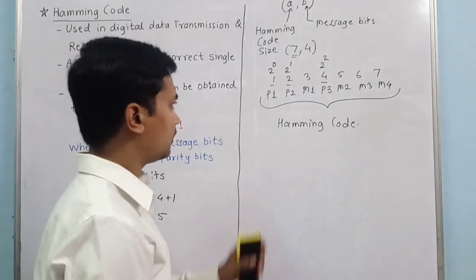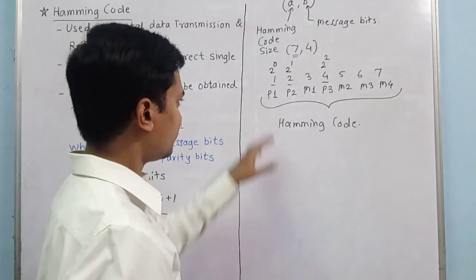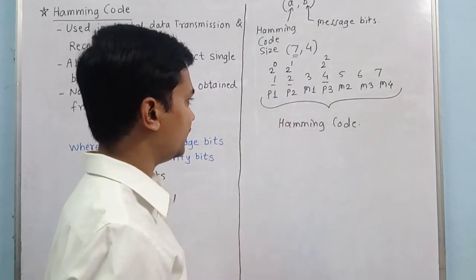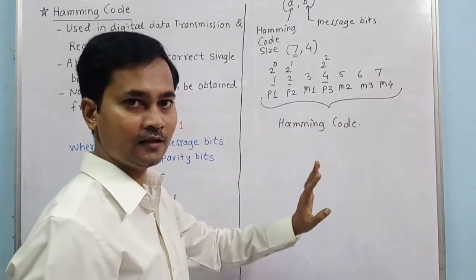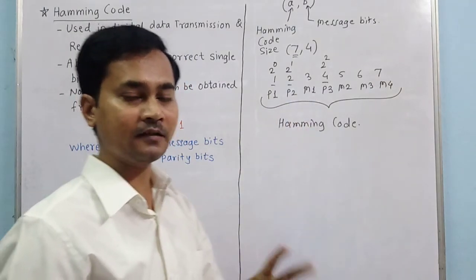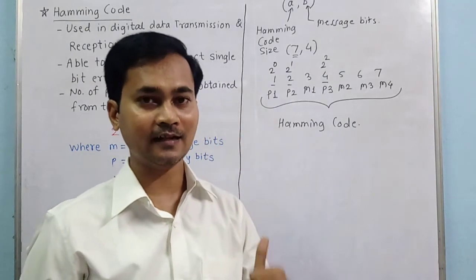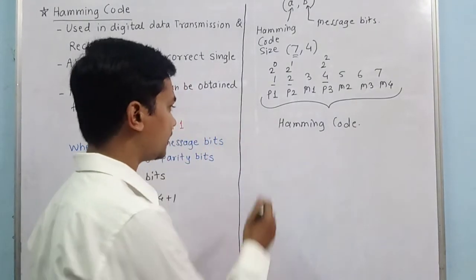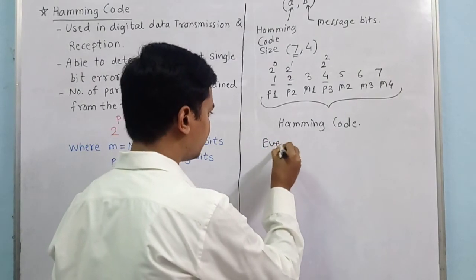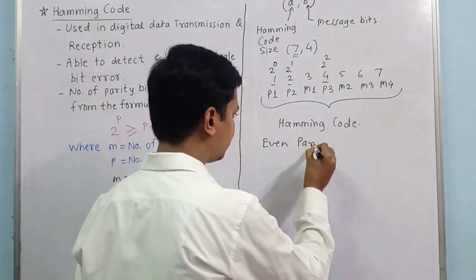Now what about P1, P2 and P3? These are the parity bits. Parity has only two types: the first is even parity and the second is odd parity.